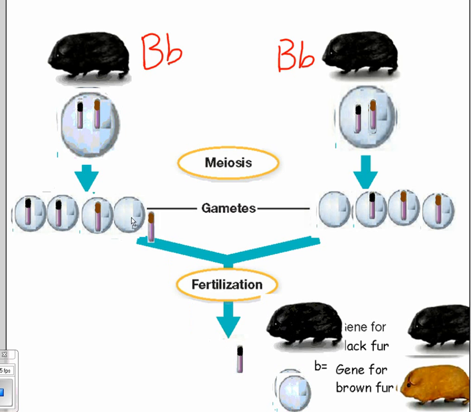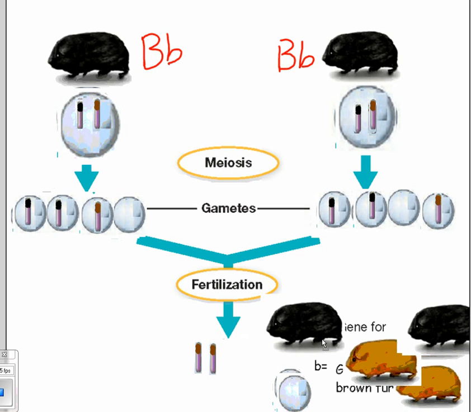Now what if, because every single time a guy makes sperm or a girl makes an egg, we never know which one of these it's going to end up being. So what if we have this one the next time and then we have this one? Now we're going to have the option of a brown baby.